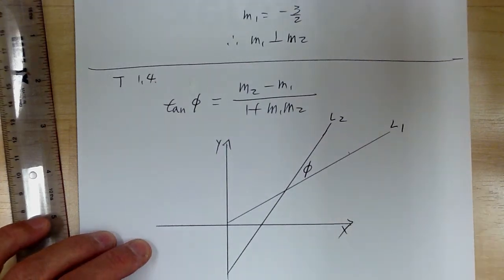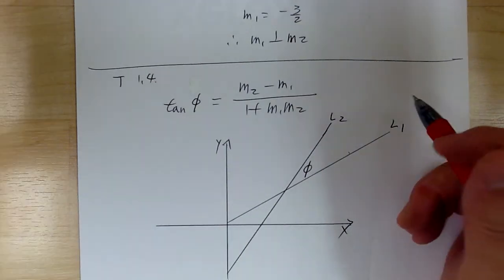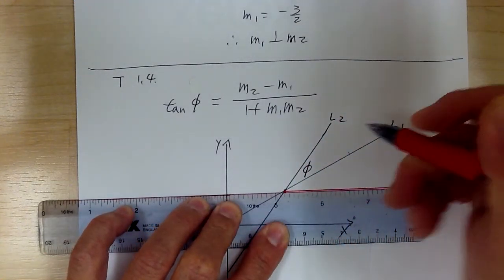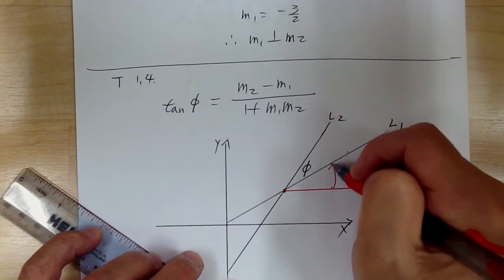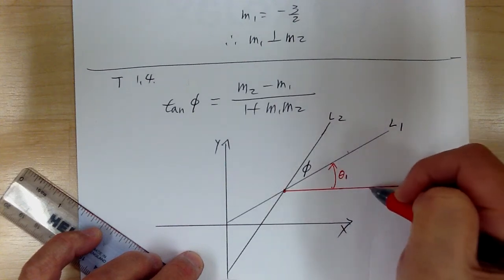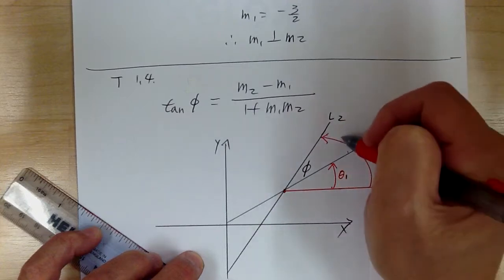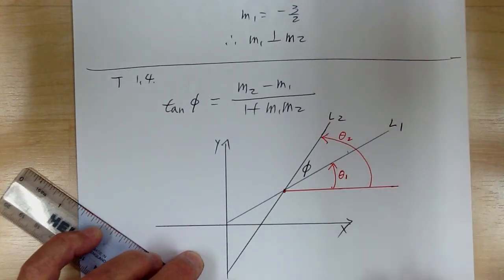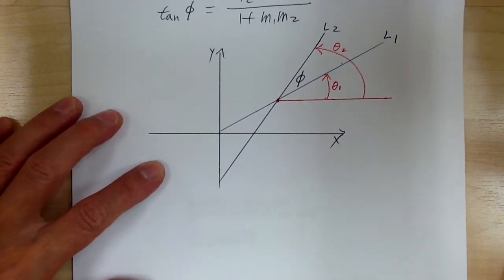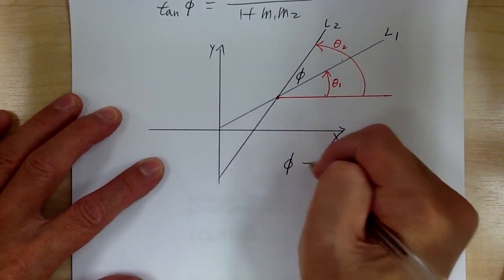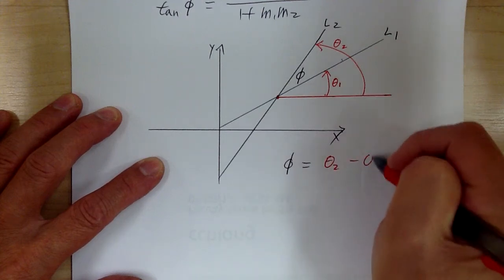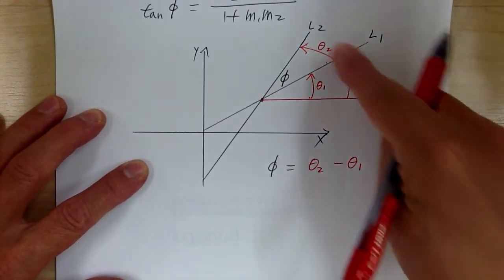So what you want to do with this is use this point as your reference. Okay? And so this would be your theta 1 or angle 1, and this would be theta 2. Okay? So from here you can see that the angle phi is equal to theta 2 minus theta 1. Right?